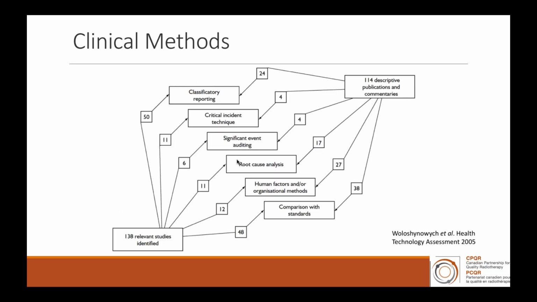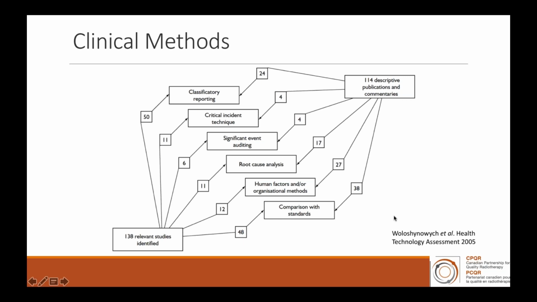In a literature review of incident reports that was done back in 2005, Wolcinowicz and colleagues identified 138 studies about incident reporting using clinical methods, and 114 papers that were descriptive and issued commentaries.